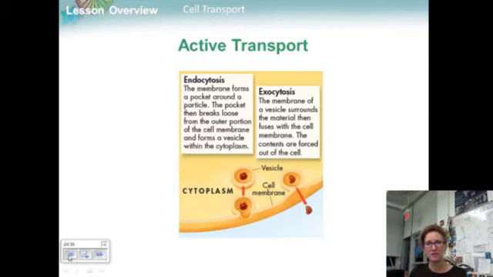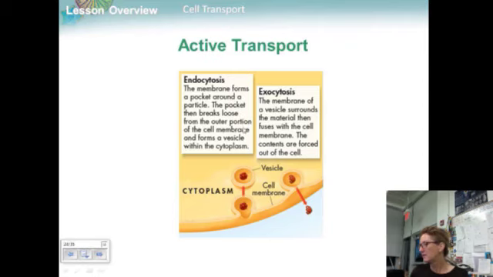Large molecules and clumps of material can also be actively transported across the cell membrane by a process known as endocytosis and exocytosis. The transport of these larger materials sometimes involves changes in the shape of the cell membrane.